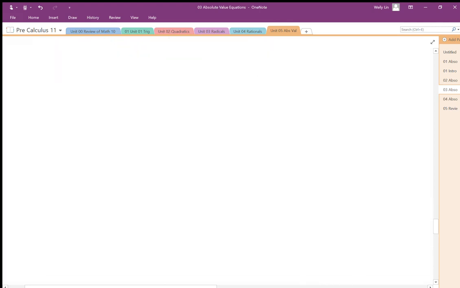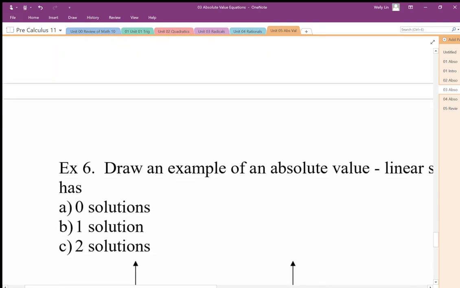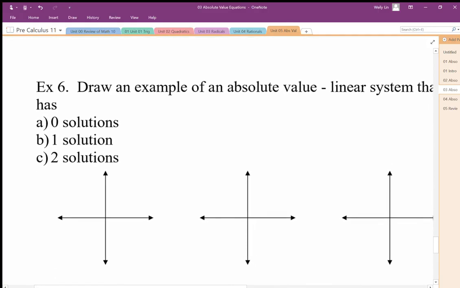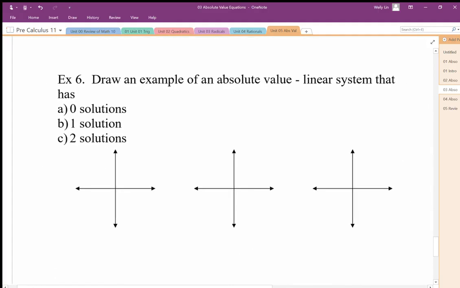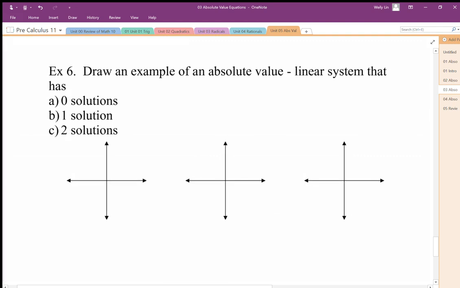So the last thing here then is, let's take a look at situations where we have absolute value and linear equations that have different numbers of solutions. And this will help us justify why we have the different possibilities for our absolute value equations.